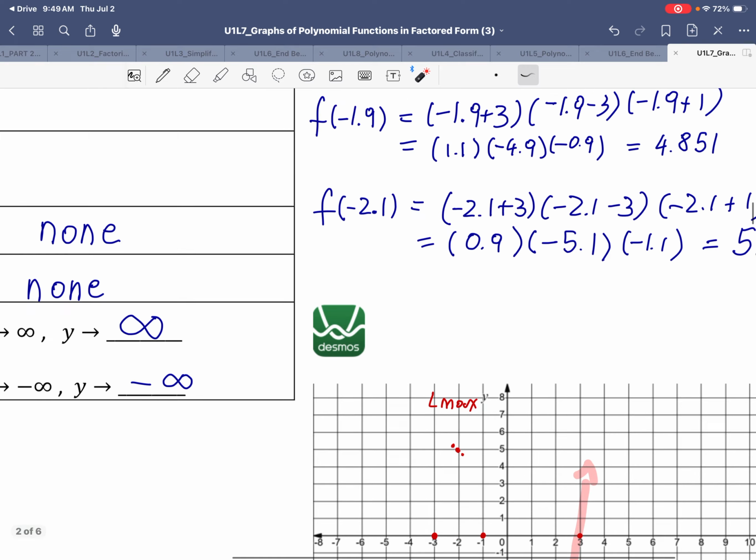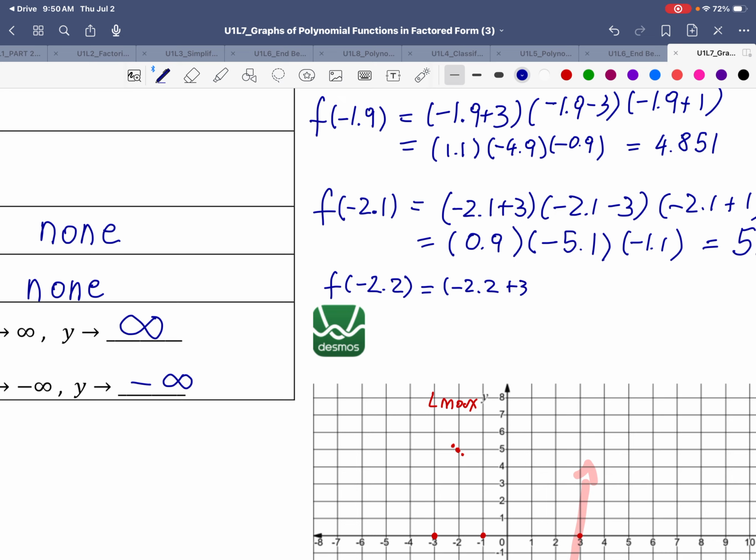Now, to make sure that I have hit the maximum, the highest point I can, I'm going to go a little bit deeper into the negatives to see if there is a point higher as we move on to the left. So -2.2 plus 3, multiplying -2.2 minus 3, and then multiplying -2.2 plus 1. Let's see what we get here.